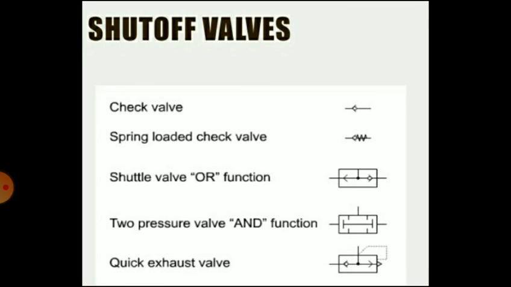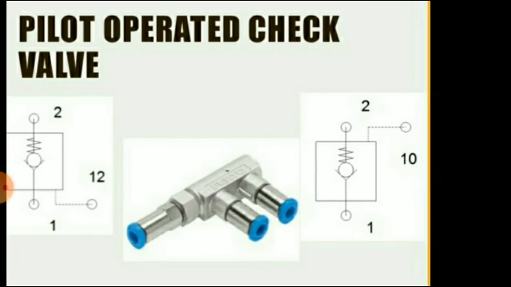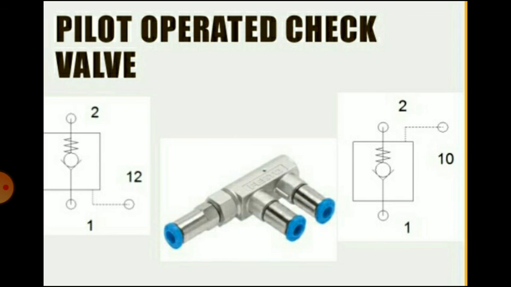Then shut off valves, that is check valve, spring loaded check valve, shuttle valve or OR function, two pressure valve and AND function, quick exhaust valve. So the non-return valve is shown in this figure. Then the pilot operated check valve. So the speed control in a pneumatic system is effected by means of a flow control valve.